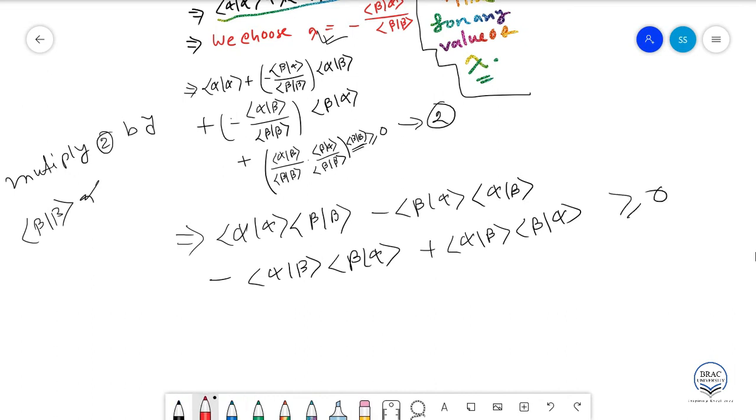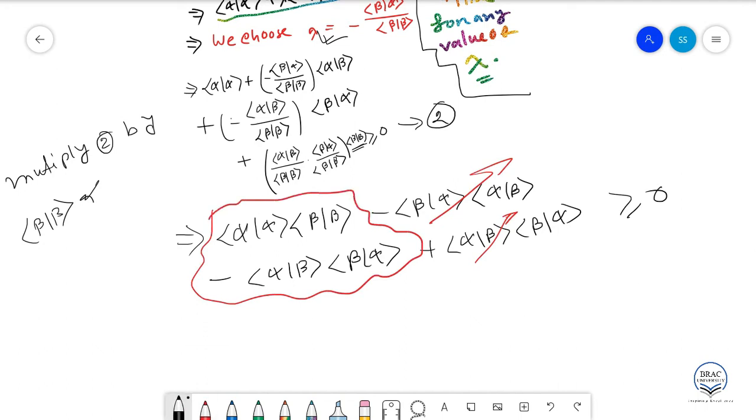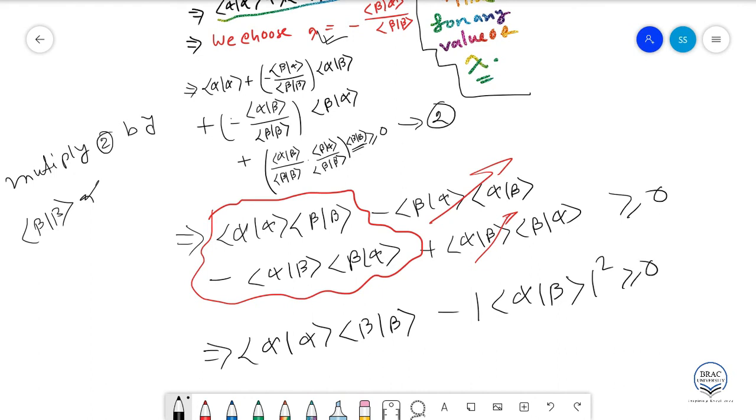And you can see that one of these terms will just kill off another term, so these are my remaining terms, and if I write them in a nice manner, this can be written as alpha alpha beta beta minus modulus of alpha beta whole squared, equal or greater than 0. And that's it.